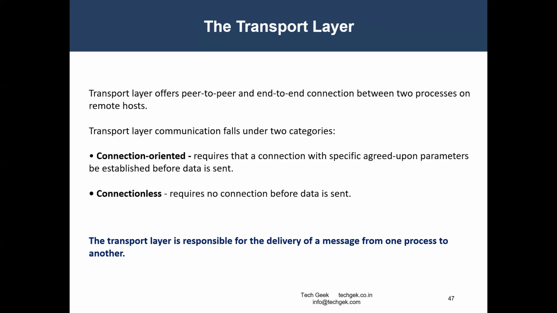All those things we have decided, and only then are we able to communicate smoothly. Connectionless has no such information. Before sending data, we don't do any setup. It directly sends the data. That is called connectionless. So the transport layer is responsible for delivering and managing data from one process to another based on these conditions. Let's understand how it will work.